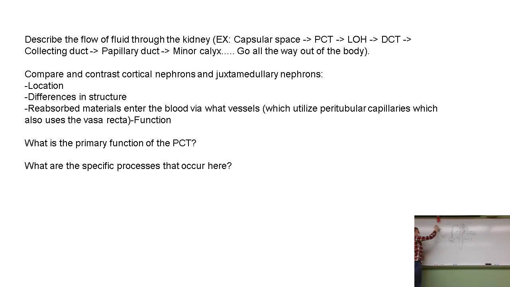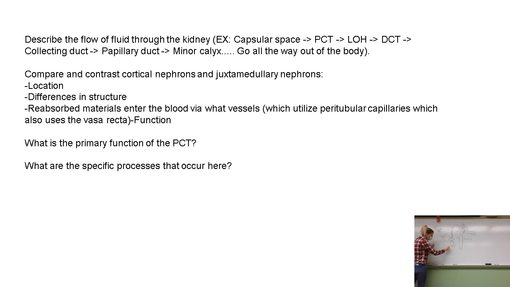That's repeated everywhere. Then these minor calyces come together, and they form a larger funnel. So when we have a minor calyx and another minor calyx coming together, what's this next area called? Good, a major calyx.